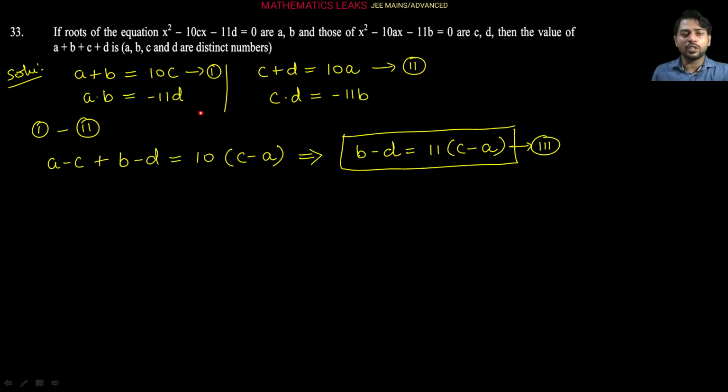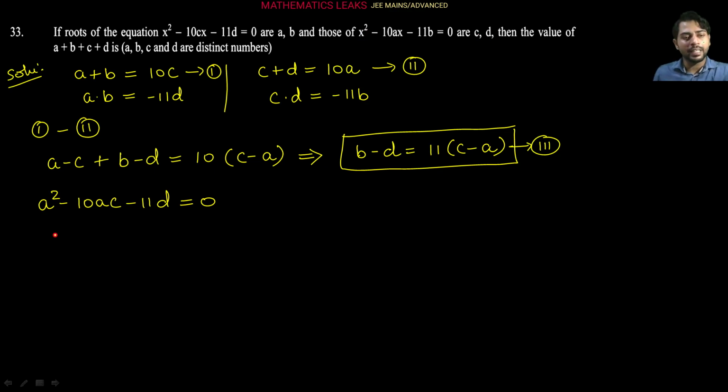Now since a, b are the roots of the first equation, a must satisfy this given equation. So putting x equal to a, we get a squared minus 10ac minus 11d equal to 0. Similarly, this given equation has two roots c, d, so c must satisfy this given equation. So let's put c in place of x.